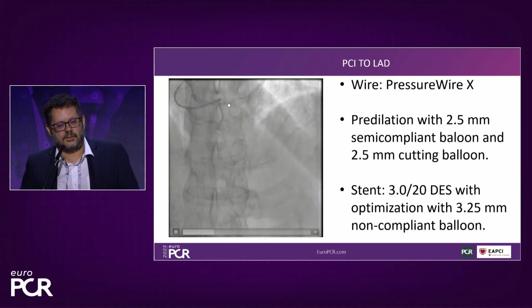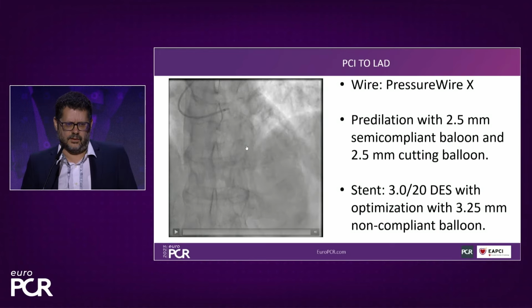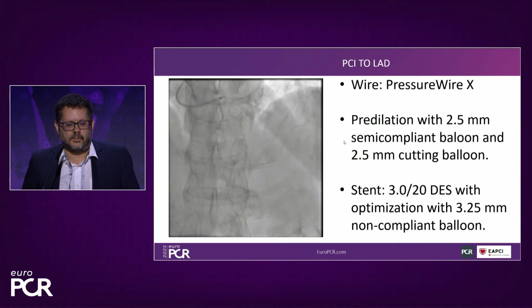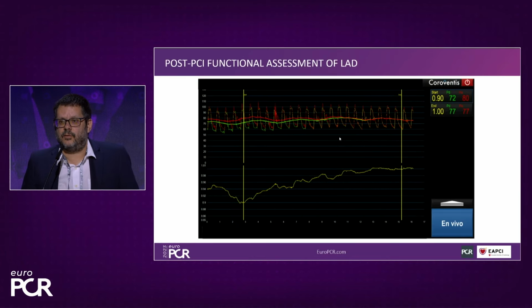There's mild stenosis in the left main, and also mild distal stenosis in the LAD. So for this reason, we did post-PCI FFR just to check that the functional result was satisfactory, that we had gained points of FFR in this patient. And as you can see, we have a post-PCI FFR of 0.90, which indicates overall good prognosis.